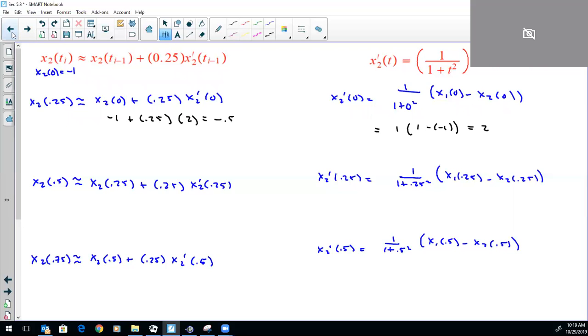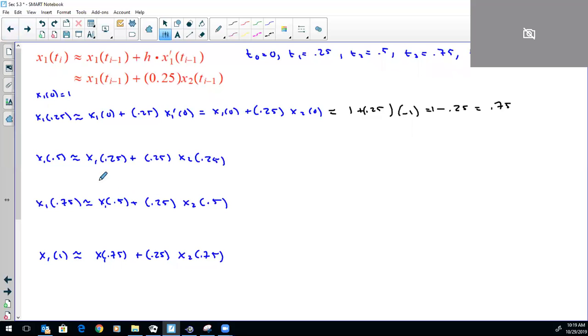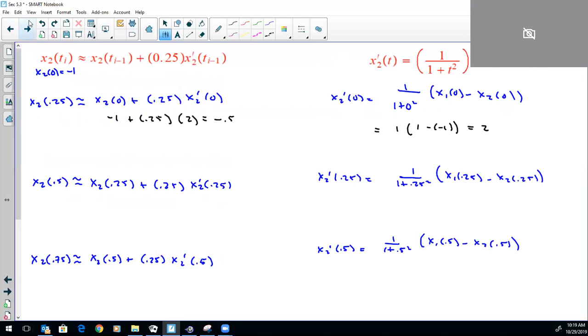All right. So now we're ready to go to this one here. x1 of 0.25, 0.75 plus 0.25 times x2 of 0.25, and we had that to be negative 0.5.